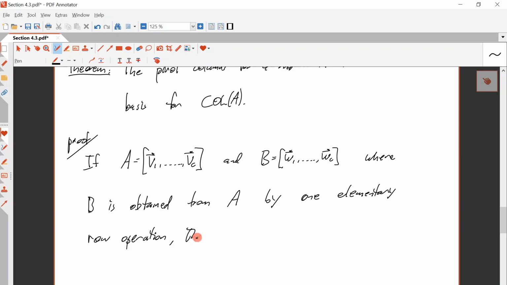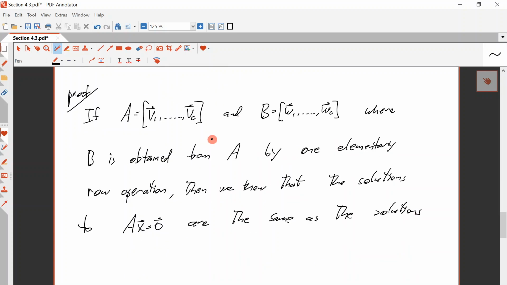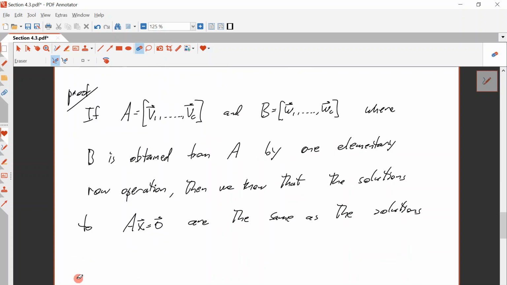Okay, then we know that the solutions to Ax equal to 0 are the same as the solutions to the equation Bx equal to 0.